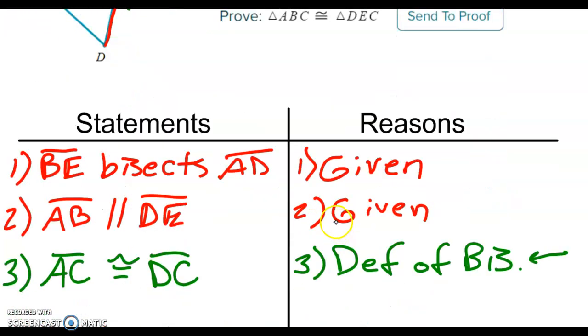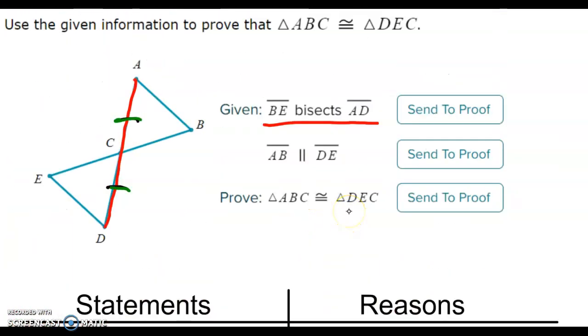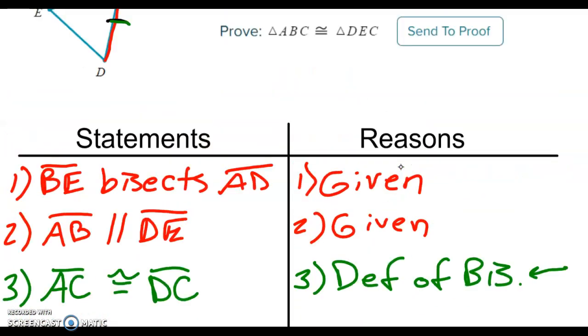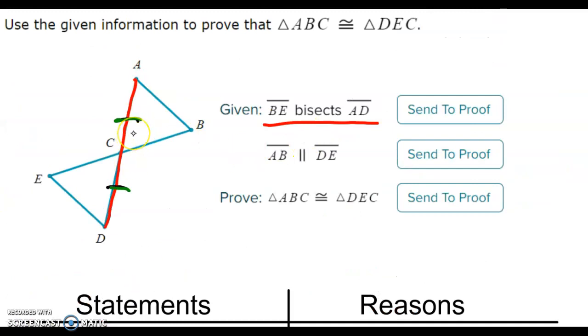But now we have that information. Coming out of those given statements, we didn't have any congruent pieces, so we've got to find all those pieces. We just found the first one, that side. Now remember, don't try to piece things together just by looking around. Take what the diagram is giving you. Something that should be very obvious, jumping out right now, is we have vertical angles. So let's label these vertical angles as congruent.